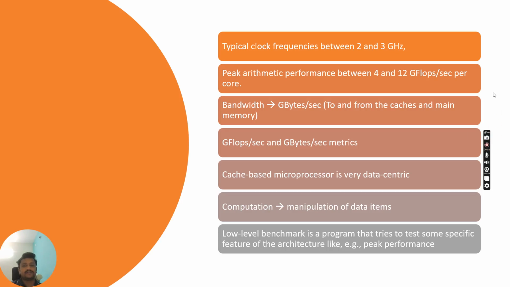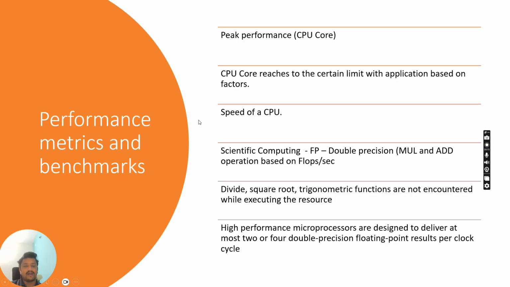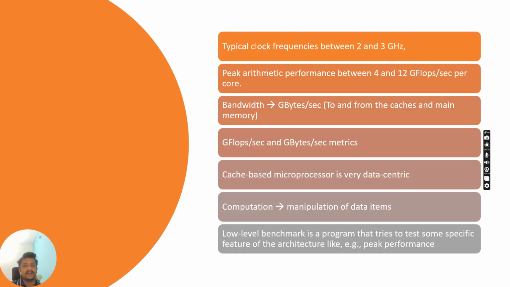With the continuation of this particular performance metrics and the benchmark, we have discussed the clock per cycle. If we go into the previous slide, we have clock per cycle. Regarding the clock per cycle, we have a clock frequency that is measured and ranges between 2 and 3 gigahertz.